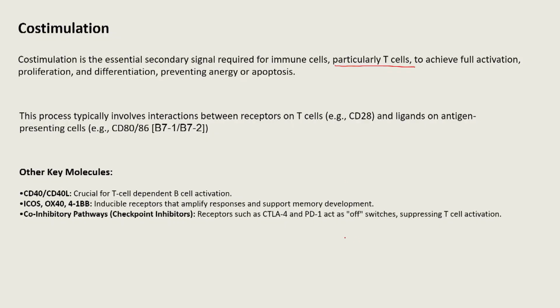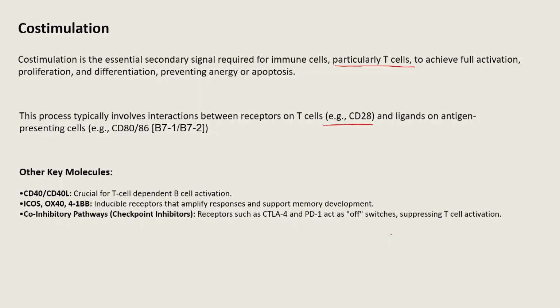There are proteins involved in this process, and these are present either on the T cell or on the antigen presenting cell. Some of the molecules, called CD28, are cluster of differentiation proteins present on the cell, and they act as markers. One such protein is CD28, which is present on the T cell surface.